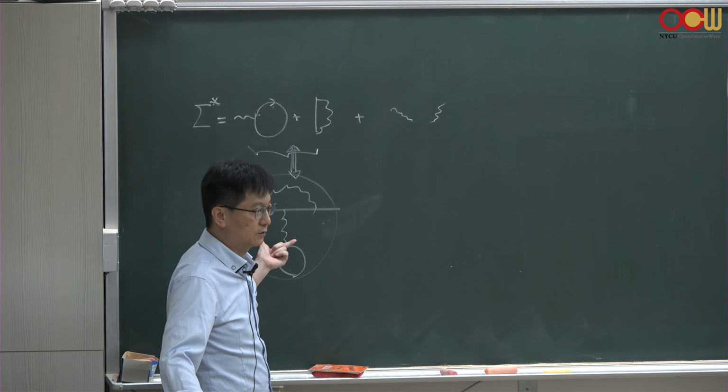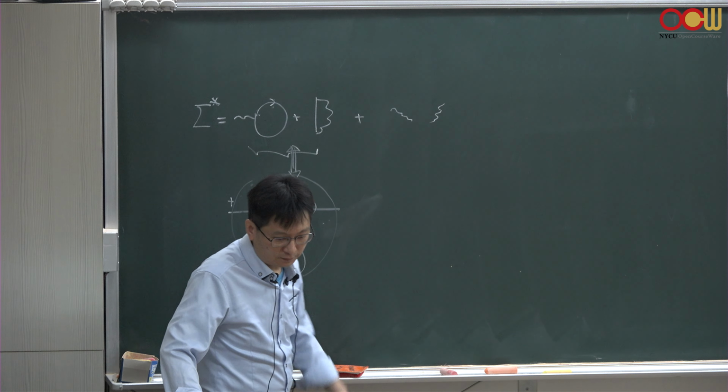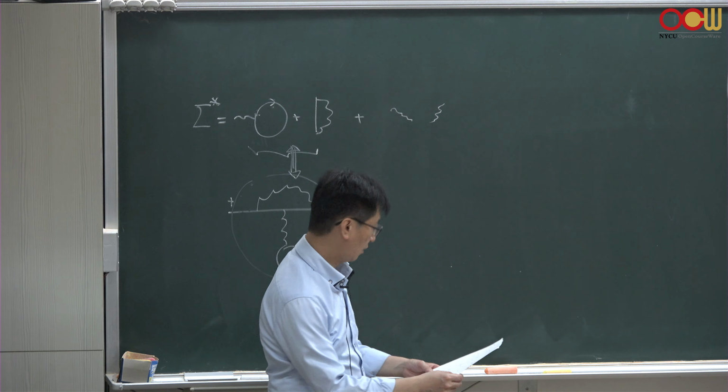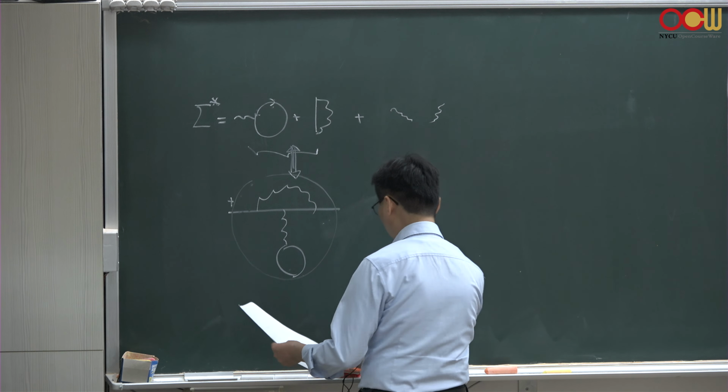You can compare your results with the experimental data and justify whether you are able to do so. In the meantime, we already ignored all these crossing diagrams, as I mentioned. So this kind of diagram is not included.